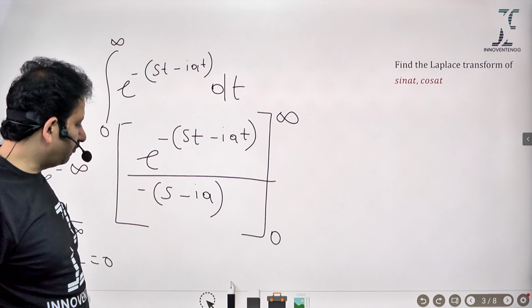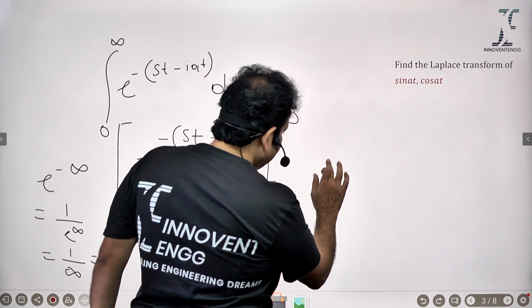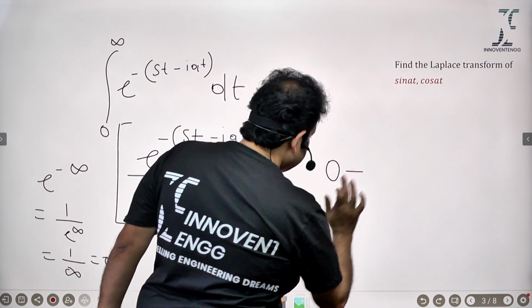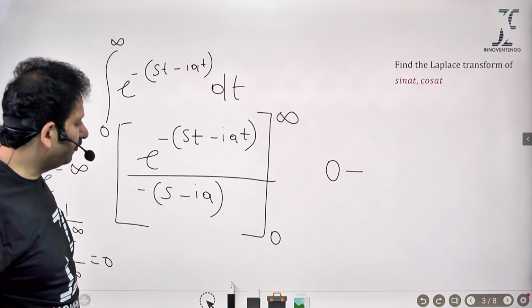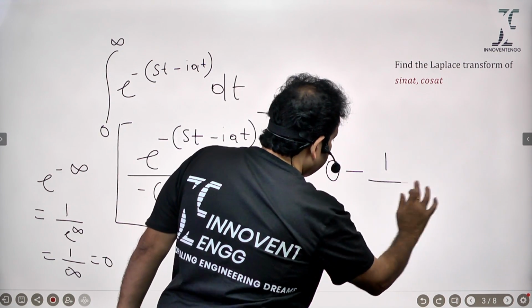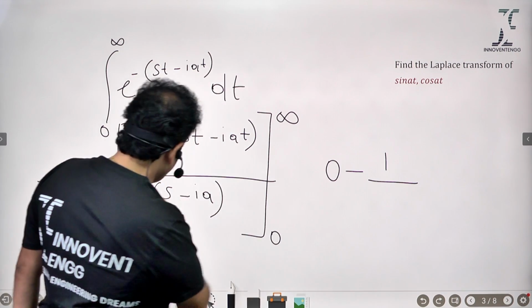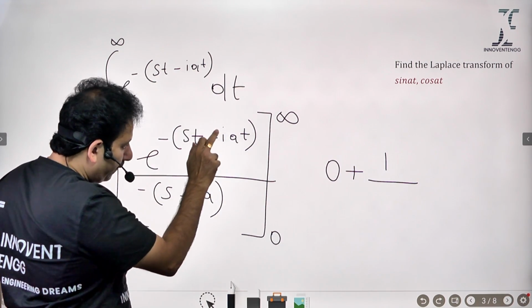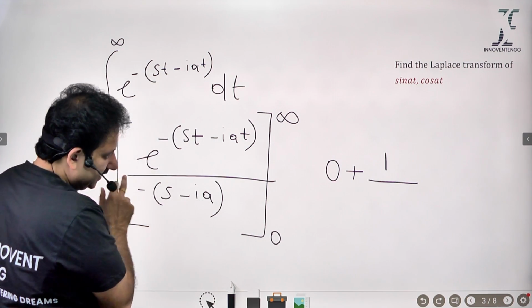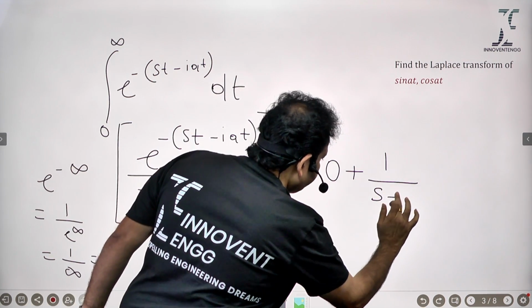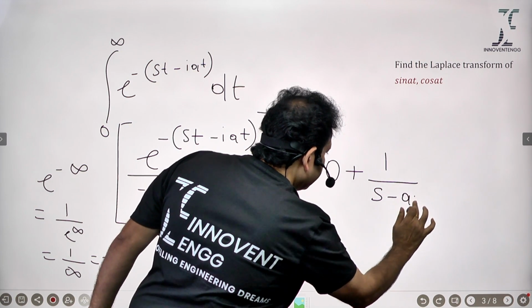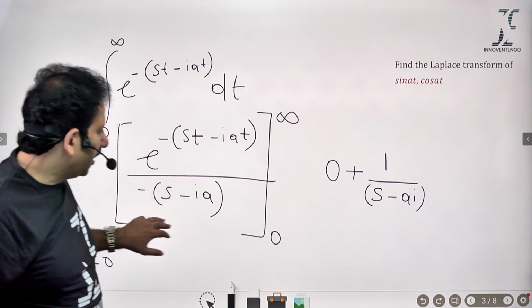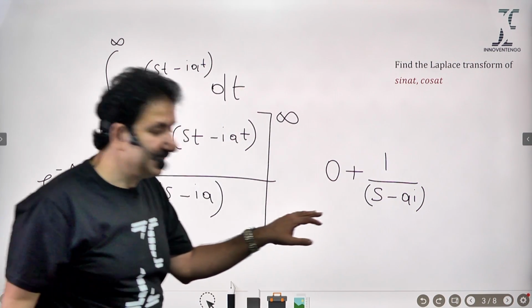So the upper limit gives 0 minus the lower limit, which is 1, and divided by minus of minus can be written as plus, because there is a minus here. Upper limit minus lower limit, there is already a minus here, so you don't have to worry. You have got ai. So you can remember it as artificial intelligence. So you have 0 plus 1 by (s minus ia).